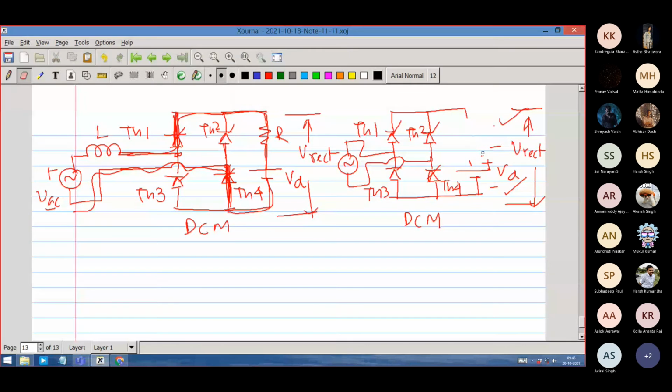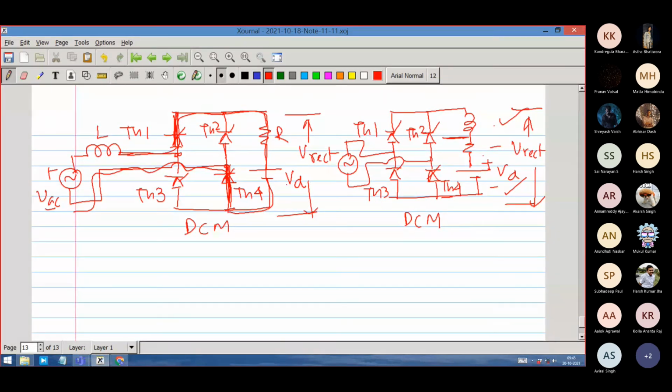Let me put the L in the top and R in the bottom. So at present, whatever V rectifier you are looking at is this part. The circuit is identical because it is in discontinuous conduction mode.